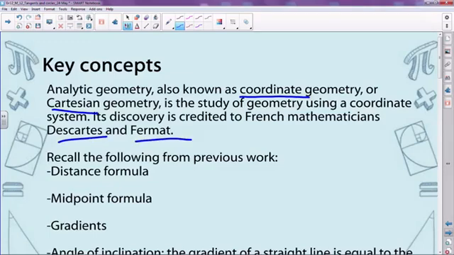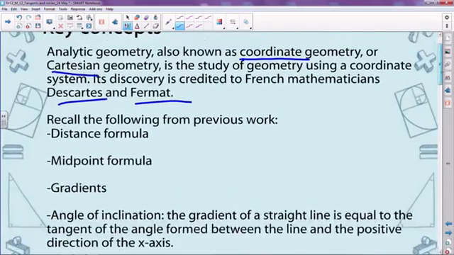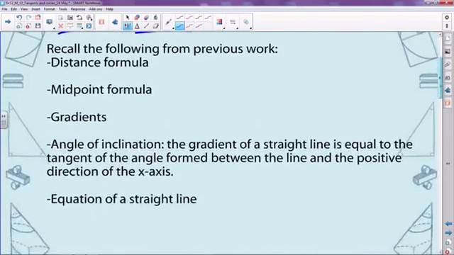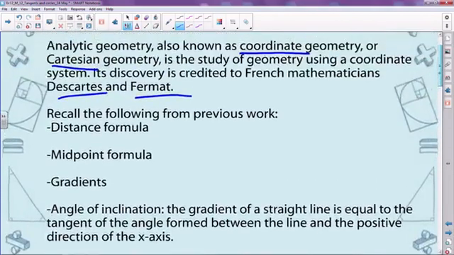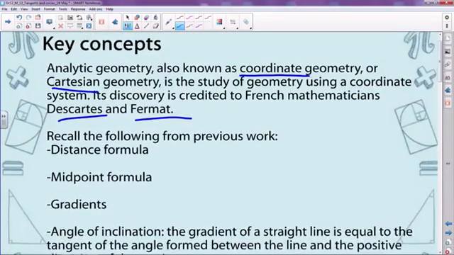All right. Now recall the following from your previous work. You've revised this at school, so it shouldn't be too much for you to recall without having your formula sheet. The distance formula is to work out the distance between any 2 points.